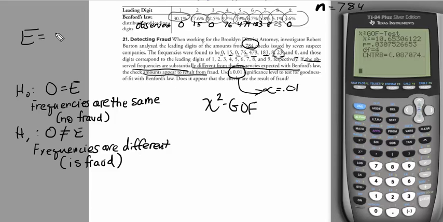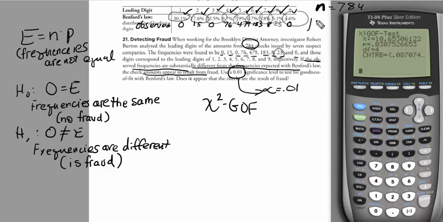It's actually going to be n times p. All right, so that's when the frequencies are not equal. And I know they're not equal because they're telling me different percentages or frequencies for each category. Although there are 9 categories, I'm not going to say that each of the digits is occurring equally here.